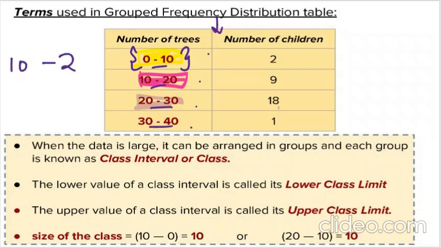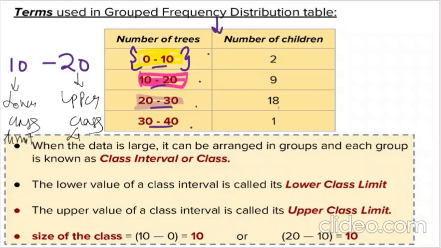Now in a class चलो let's take 10 to 20 का class, 10 to 20 का class I took, okay. Now in 10 to 20 का class, the lower value क्या है, 10, correct, that is known as the lower class limit. The lower value of the class is known as the lower class limit, and the upper value, the highest value of the class is known as the upper class limit.